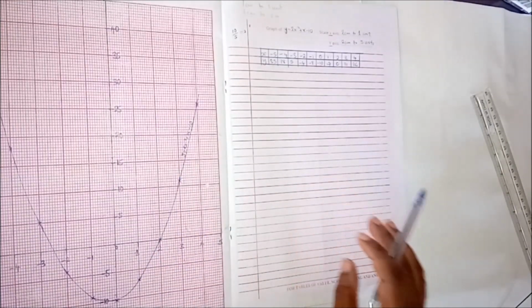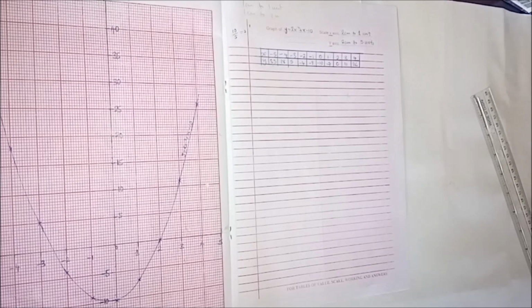Now what's the next thing for us to do? Question B, that's for the same 11B, which is this.